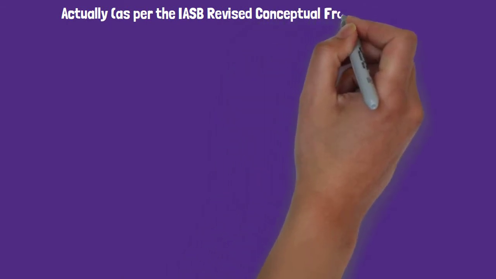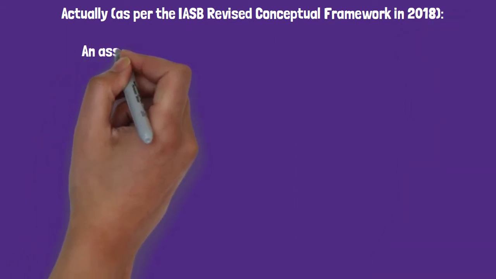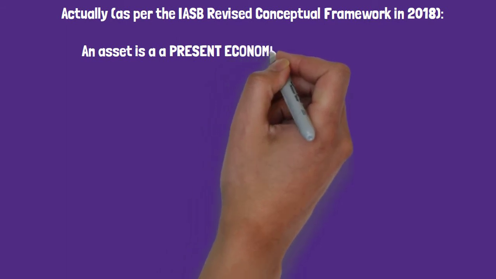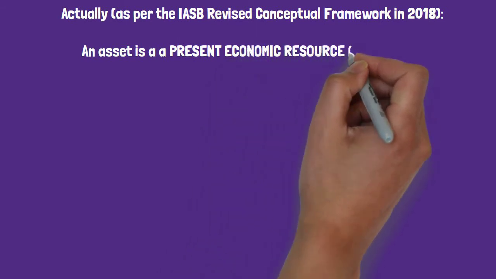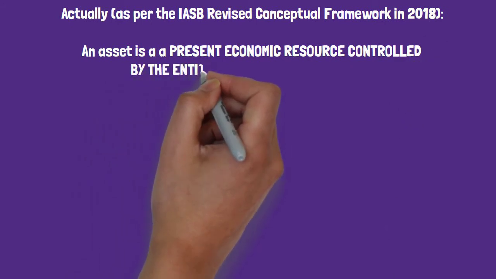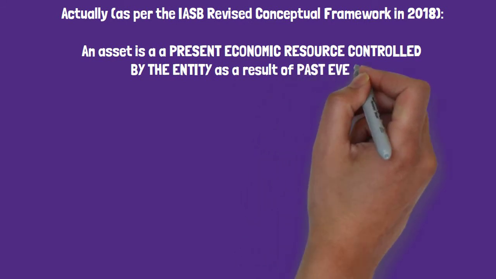Well, the definition of an asset is given in the IASB Revised Conceptual Framework in 2018. But essentially, it's already been defined for you within the accounting framework. So what's the definition?